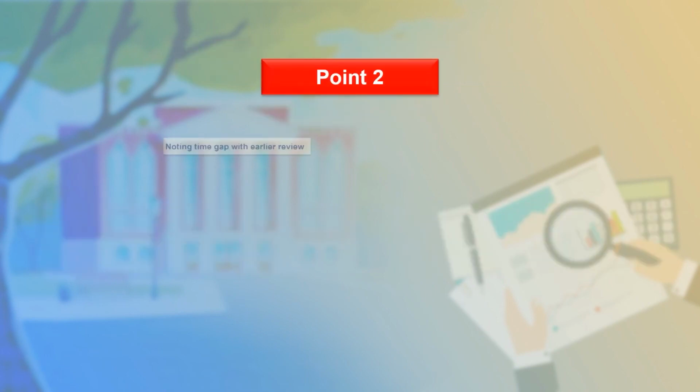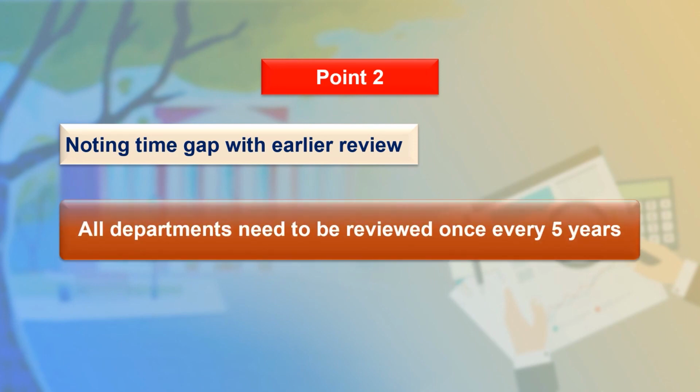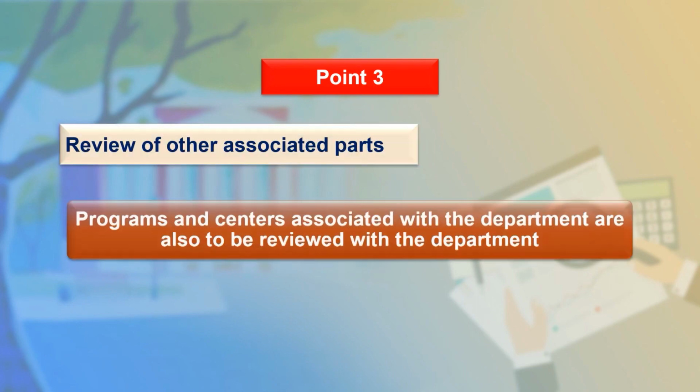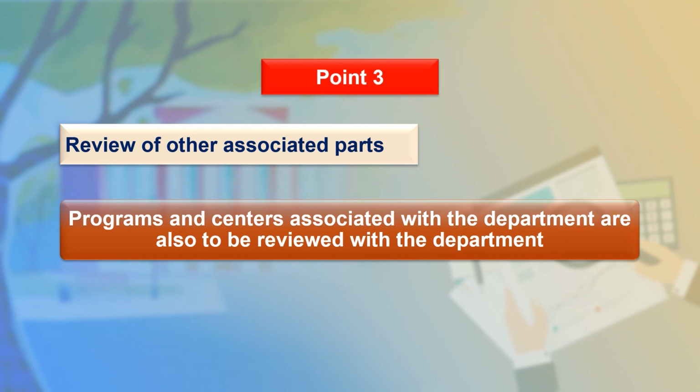Point number 2, noting time gap with earlier review. It can be noted that all departments which are offering undergraduate program need to be reviewed once every 5 years. And point number 3 is review of other associated parts, because whenever possible, programs and centers associated with the departments must also be reviewed with the department.